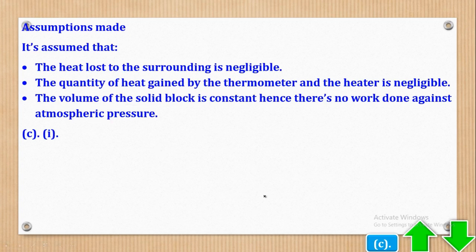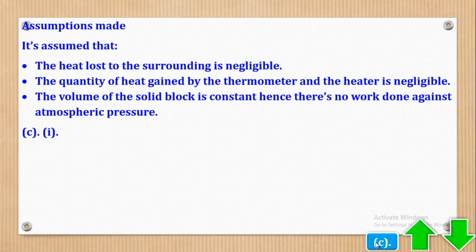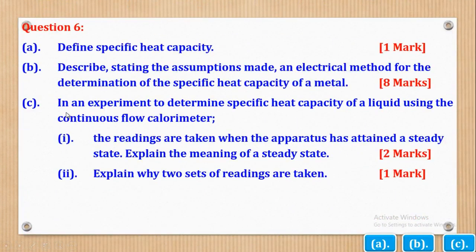Now we shall go to part C. Part C says, in an experiment to determine the specific heat capacity of a liquid using the continuous flow calorimeter, Roman 1, the readings are taken when the apparatus has attained a steady state. Explain the meaning of a steady state.